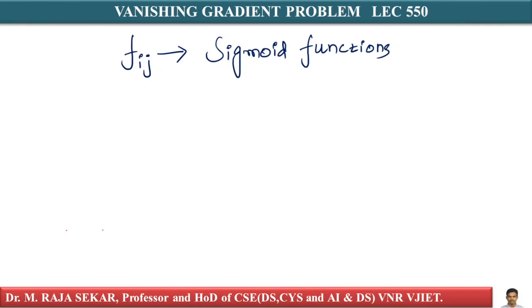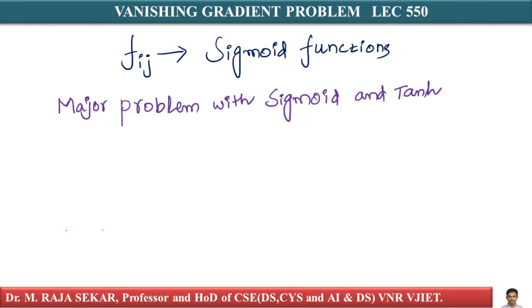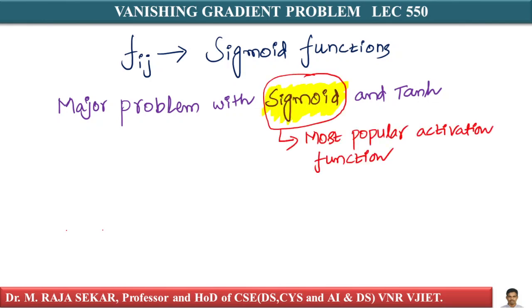All your Fijs are sigmoid functions. There is one major problem with sigmoid, which is also the same problem with tanh. The most popular activation functions that you had in Fijs are sigmoid. Let me explain the problem.